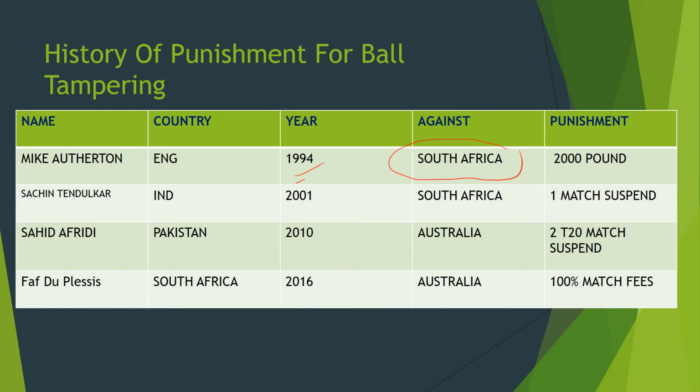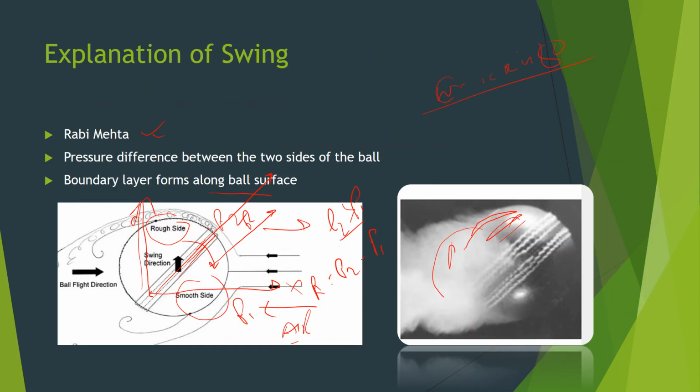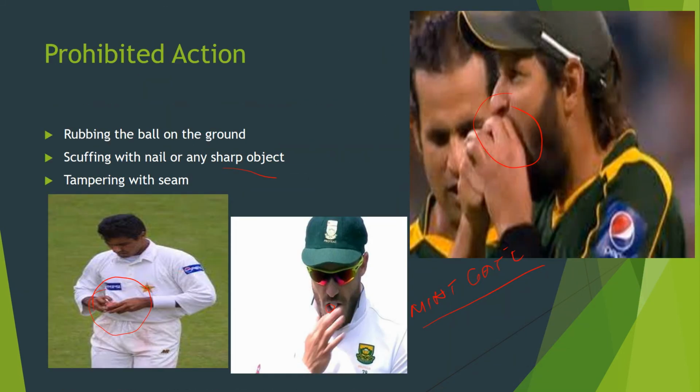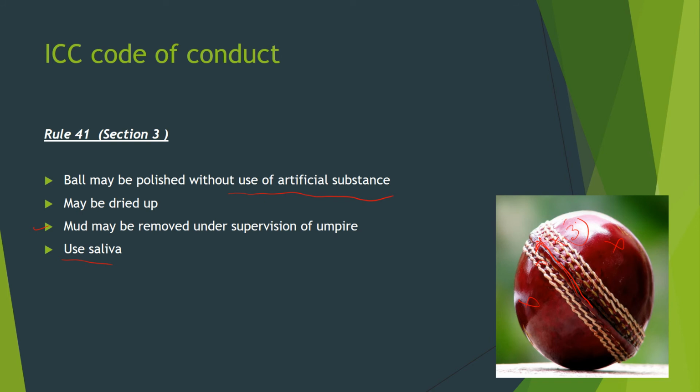So what was the punishment? 2,000 pounds was the fine. Our Sachin Tendulkar also had one match suspended because of ball tampering. What he did was just clear some mud in the absence of the umpire. As per the ICC code of conduct, I already told you, mud may be removed under the supervision of the umpire.